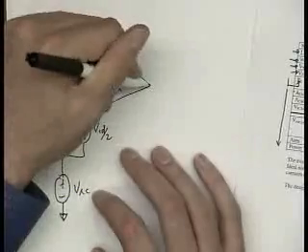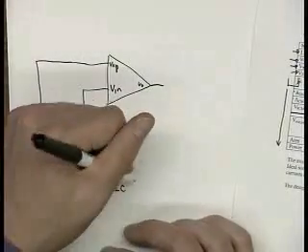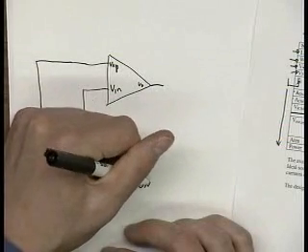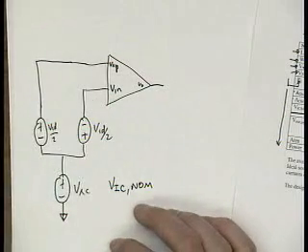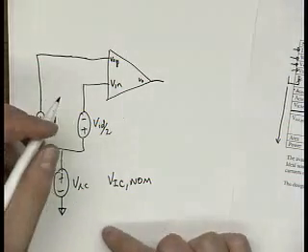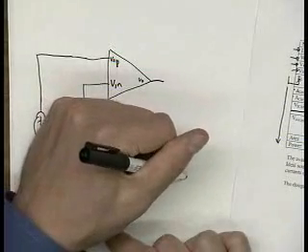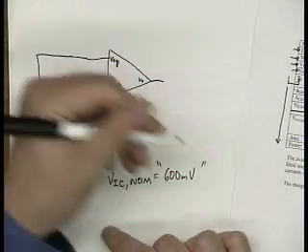Okay, so you get to specify what the DC bias for VIC nominal is. You tell us that in your circuit with a dot parameter. So let's say you were to say my nominal input common mode is 600 millivolts. Okay, you tell me that.